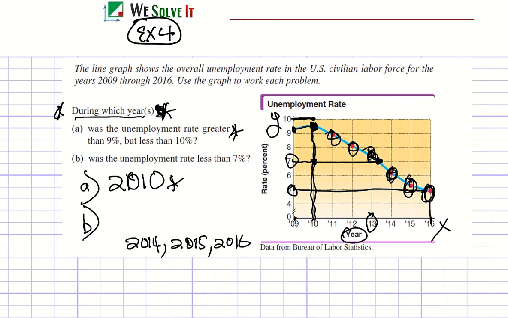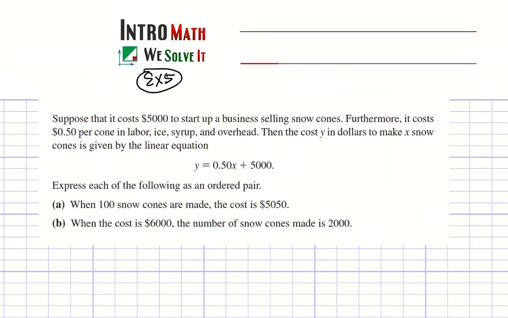So let's move on to the next problem. All right, this is the next problem. When you get to the next problem, you will see that the idea that we're working with 2 variables will be very clear. Let's read that. It says, suppose that it costs $5,000 to start up a business selling snow cones. Okay, it's a business startup that sells snow cones.